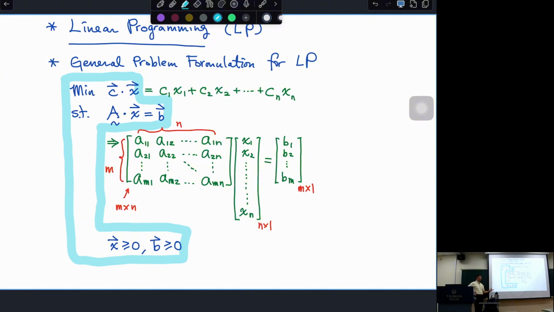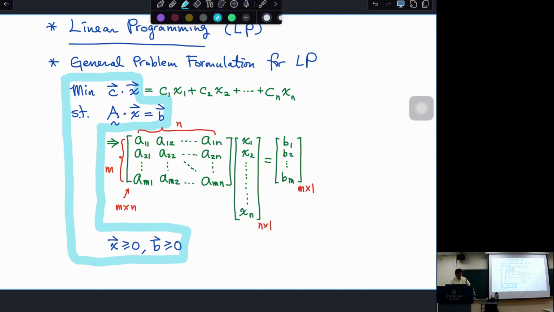But how about solving a problem with some inequality constraints that doesn't look like these? How do you put them into the standard format of LP? So that will be the next question.